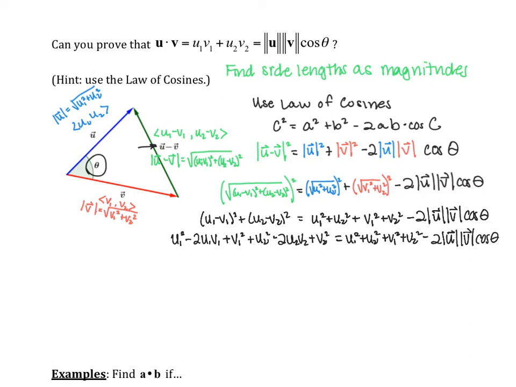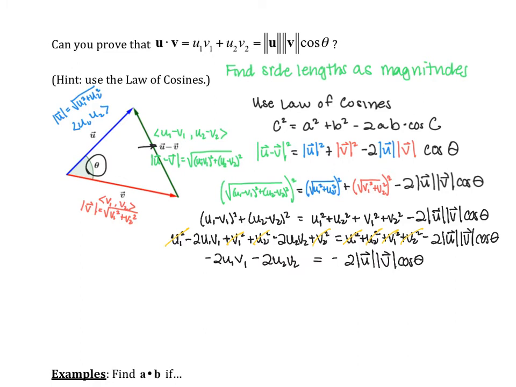Okay, so now we get to do some fun algebra. We know that with this, I have a u1 squared that goes away with the u1 squared, v1 squared with v1 squared, u2 squared with u2 squared, v2 squared with v2 squared, and then I'm left with negative 2u1v1 minus 2u2v2 equals negative 2 magnitude of u, magnitude of v, cosine theta.